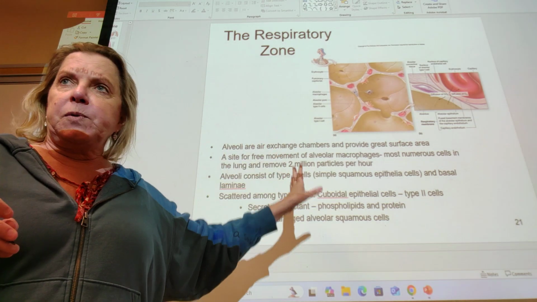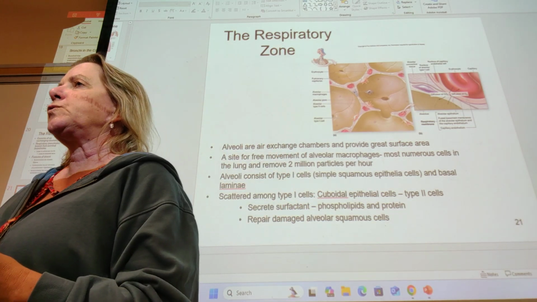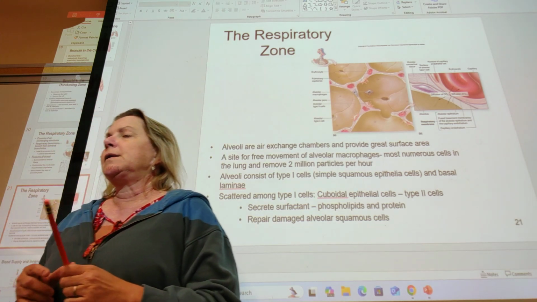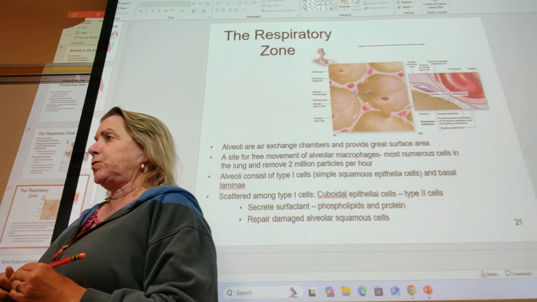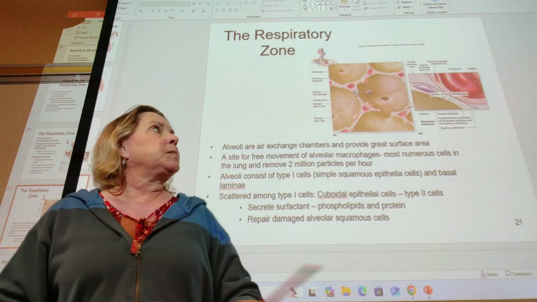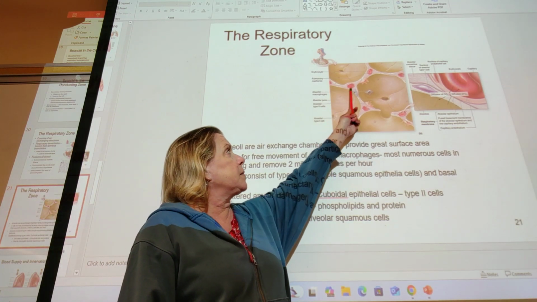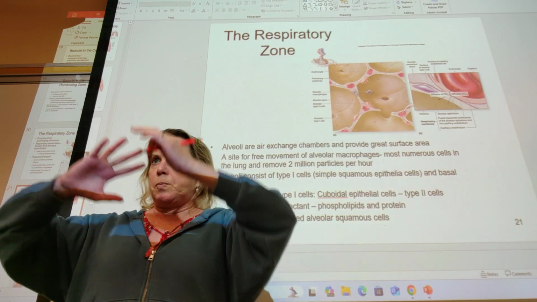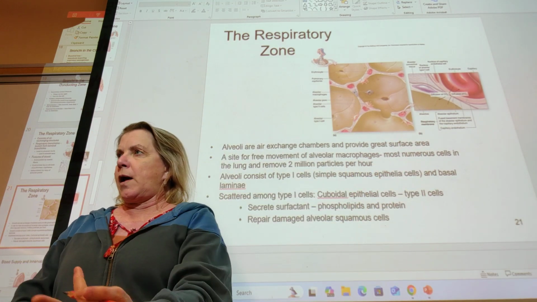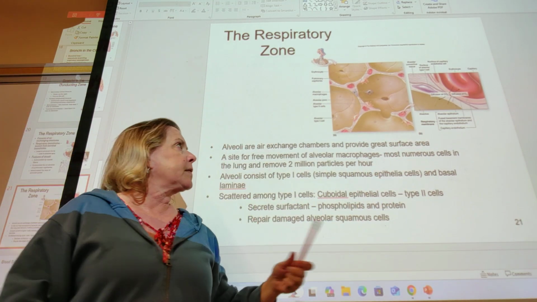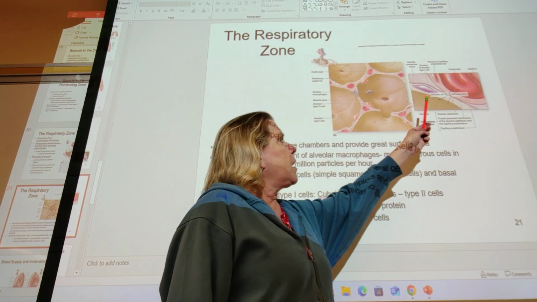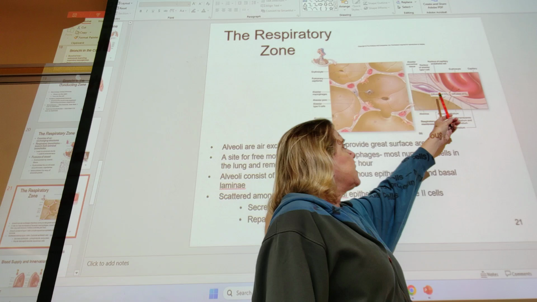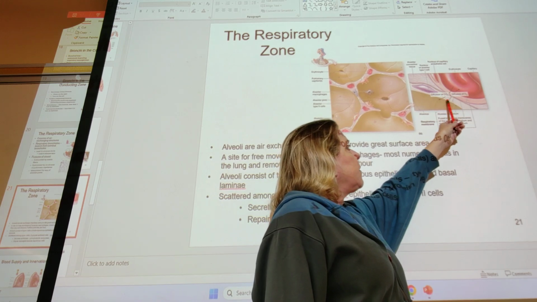This respiratory membrane is about 0.2 microns. It is the thinnest possible distance to allow for gas exchange. We have simple squamous endothelium from the blood vessels, those pulmonary capillary beds that are around the alveoli. We have a fused basement membrane, and then we also have the simple squamous epithelium of the alveolus.